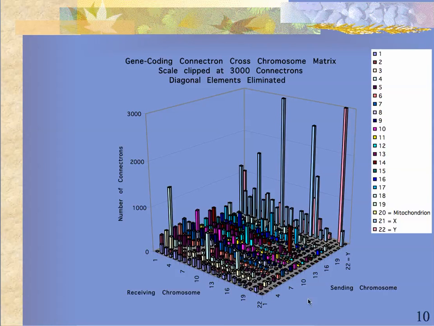Okay. So now, if we look at just the gene coding portion of this distribution, we see that it's low.